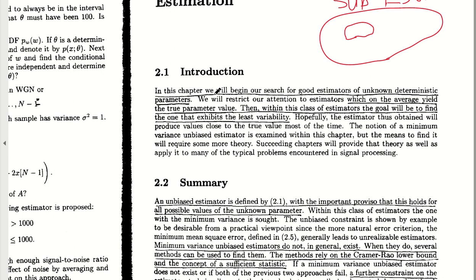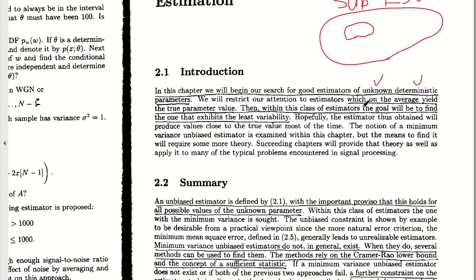Okay, so we will begin our search for good estimators of unknown deterministic parameters. So notice that it's unknown and deterministic. We'll restrict our attention to estimators which on average yield the true parameter value.